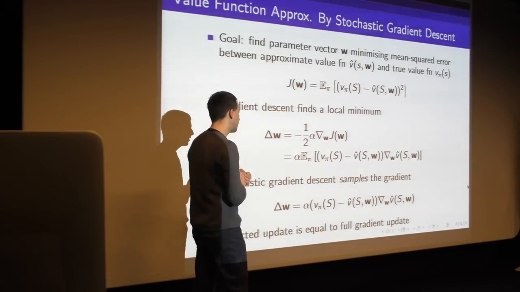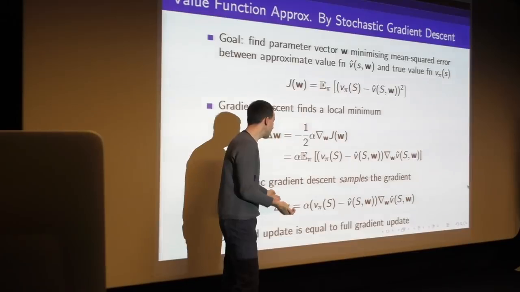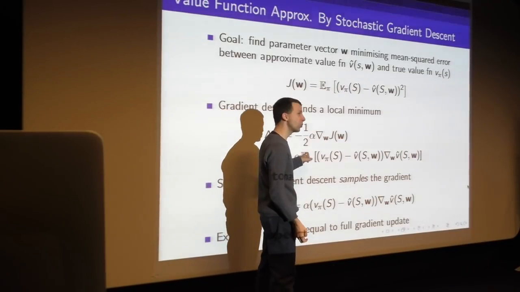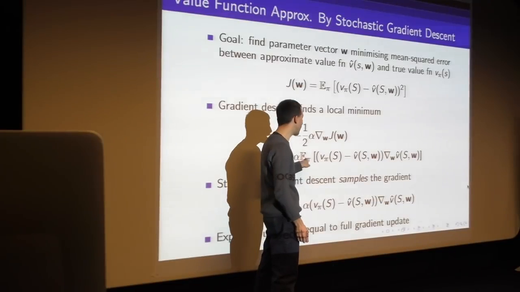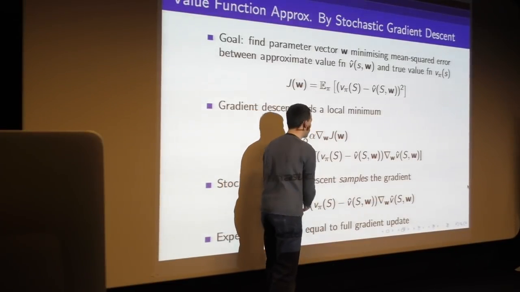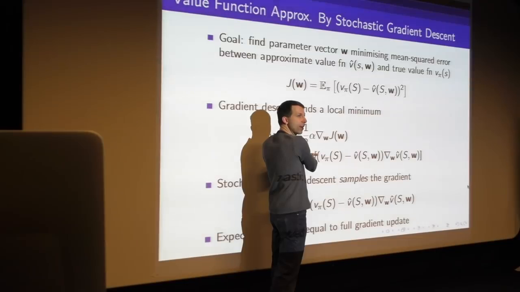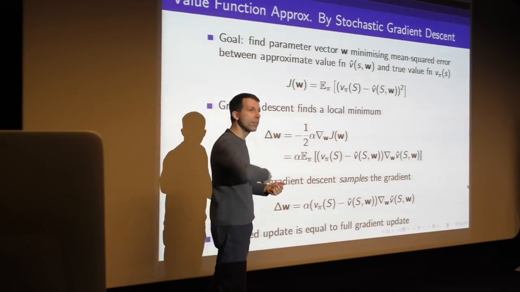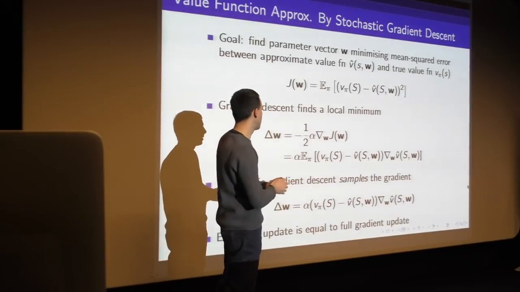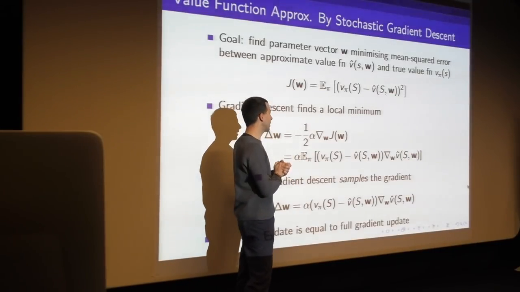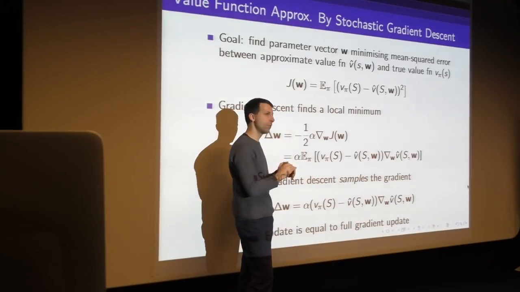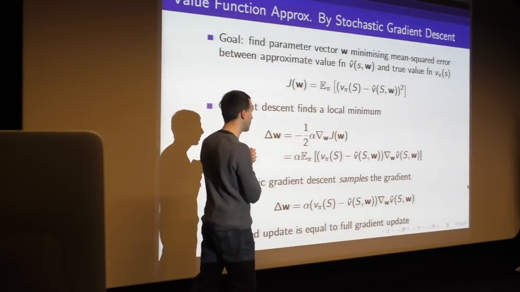And so in expectation, you can see that if you visit all states according to a distribution under your policy pi, then in expectation, we're going to arrive back at minimizing the mean squared error. And the beautiful thing about stochastic gradient descent is that even if you change things online, then you still arrive at minimizing this particular term if you control for step sizes and so forth appropriately.